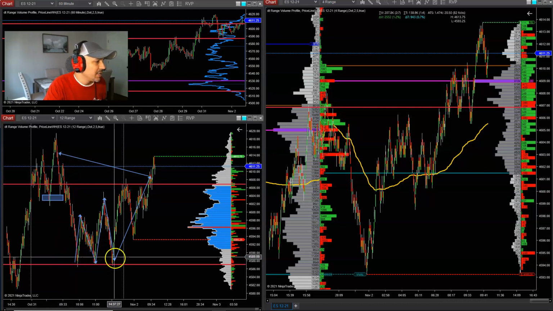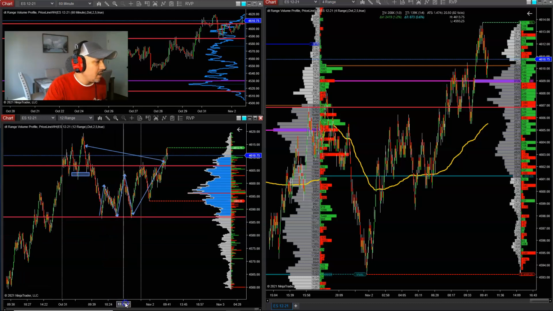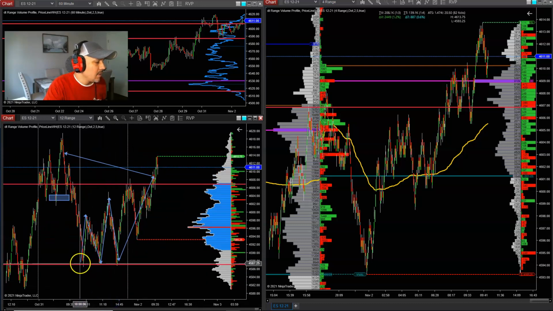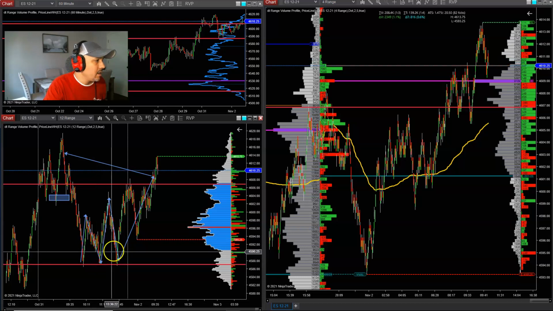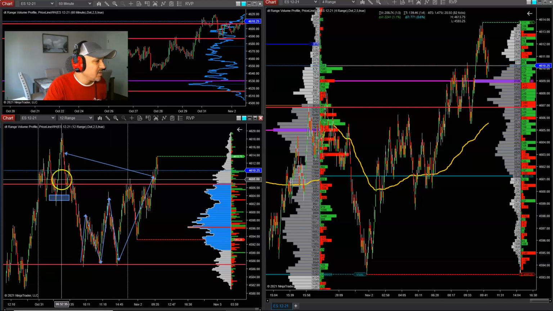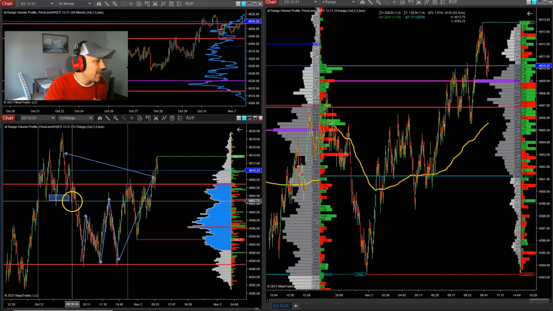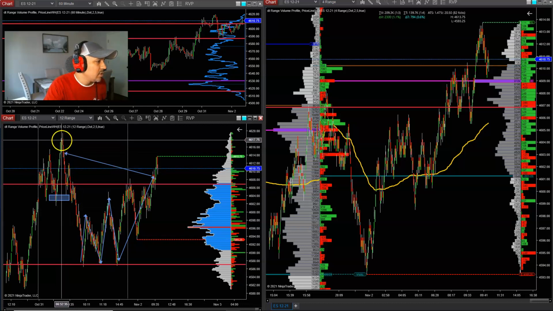So when price started rejecting these bottoms down here and making these lows right here and couldn't push any lower, well, price created an area of demand and an area of liquidity here. And above us, we had some areas where price was drawing down and pulling back, and it didn't quite fill them in. So what price is doing now is going back up here and testing an area of liquidity sitting up here.